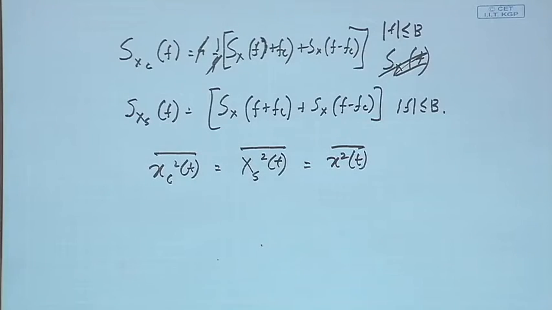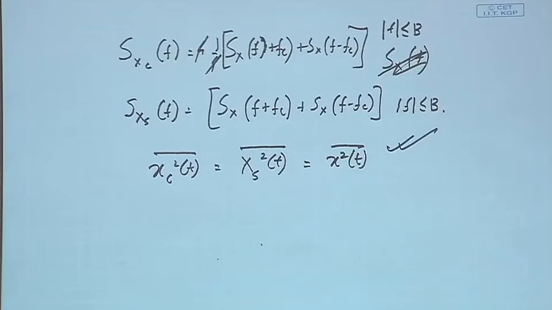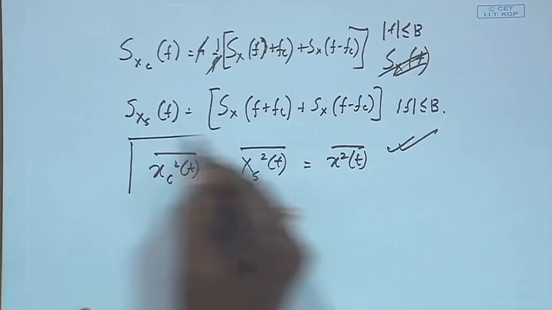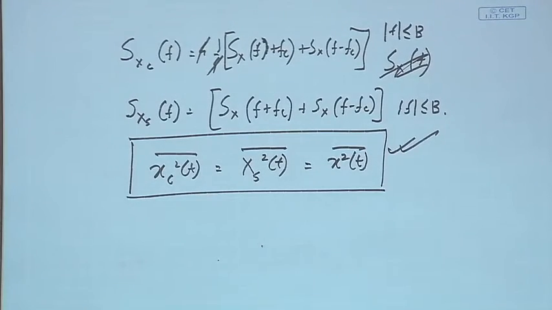Therefore, the overall power remains the same for the in phase component, for the quadrature component, as well as the random process that we are talking about. This will always happen as long as the bands are properly adjusted. Okay.